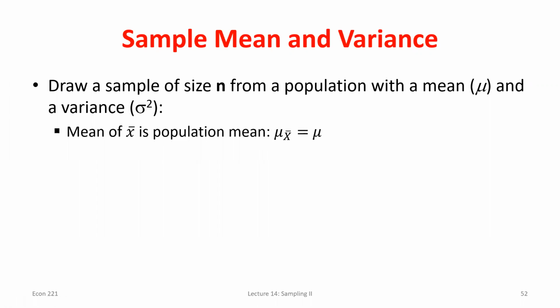Now remember, I can't see what this population mean is, but I know that the mean of my sample means will be exactly whatever that population mean is. And we'll work through some examples where we know what the population mean is and then take samples, so that we know both those values. But in practice, we usually can't observe this population mean. But we know the mean of our sample means will always be that population mean.